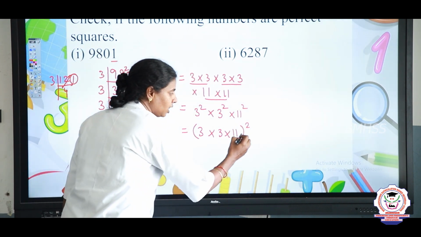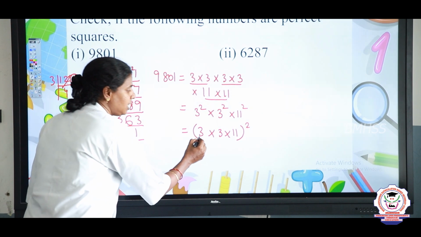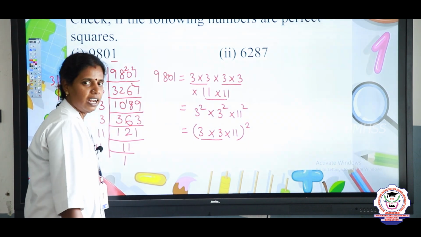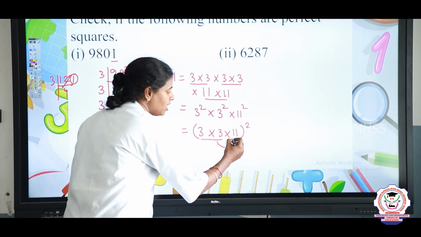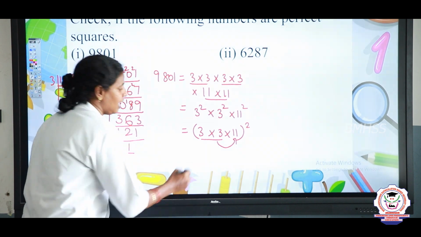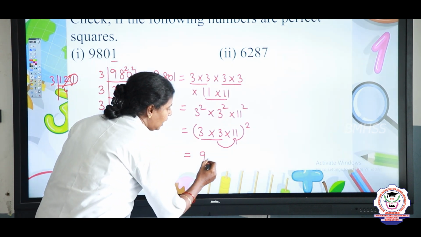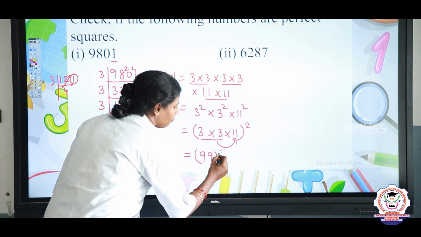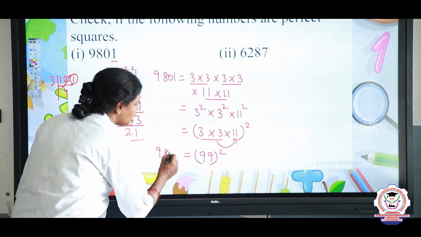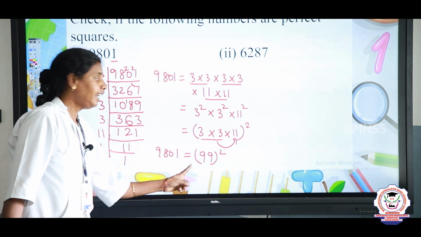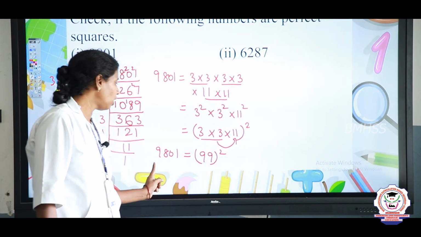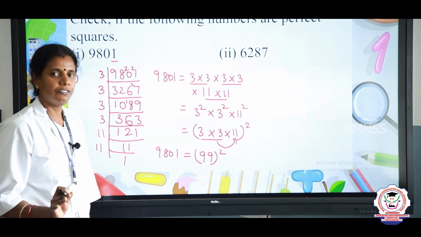Now I can multiply the numbers in the bracket: 3 threes are 9, 9 elevens are 99. So 99 squared. The value 9801 is the 99 squared value. Therefore 9801 is a perfect square.